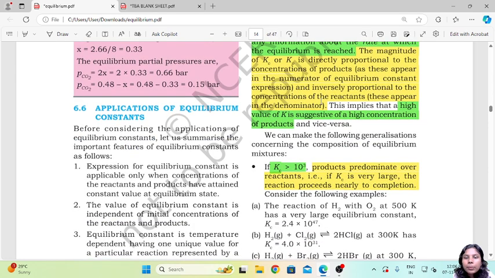Now this implies that a high value of K is suggestive of a higher concentration of products. The higher the value of K, the more the concentration of products, and vice versa. So if the value of K is less, it tells us that the product formation is less.